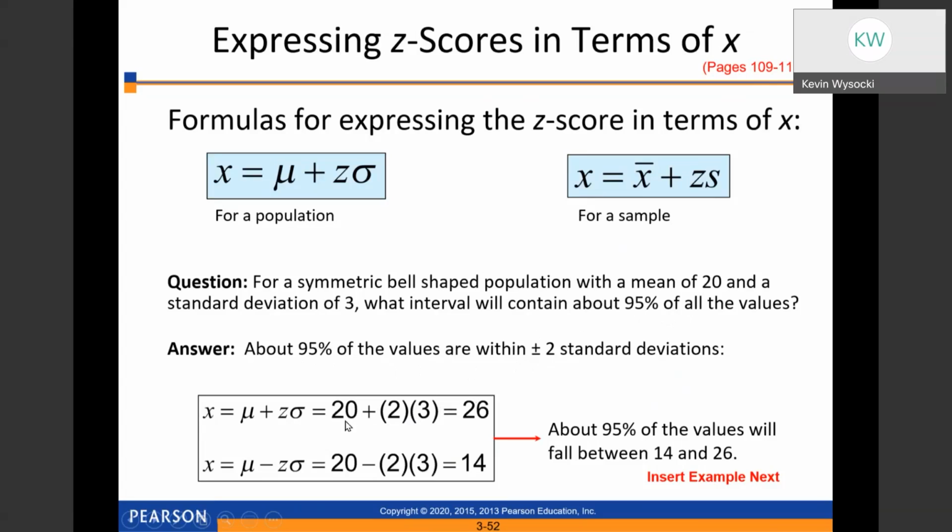So if we take our average of 20 and then our z-score of 2 multiplied by the standard deviation of 3, we get 26. If we do the same type of thing except subtract it, we get 14. So with the data that we have, the average is 20. What we would expect is that 95% of all the data we collect is between the values of 14 and 26.